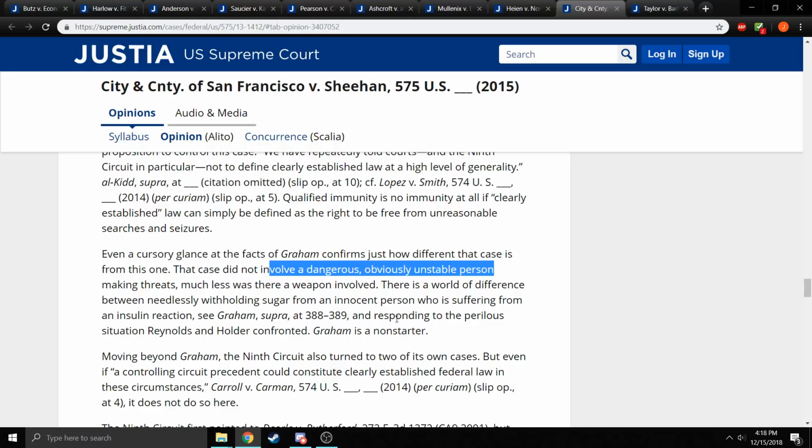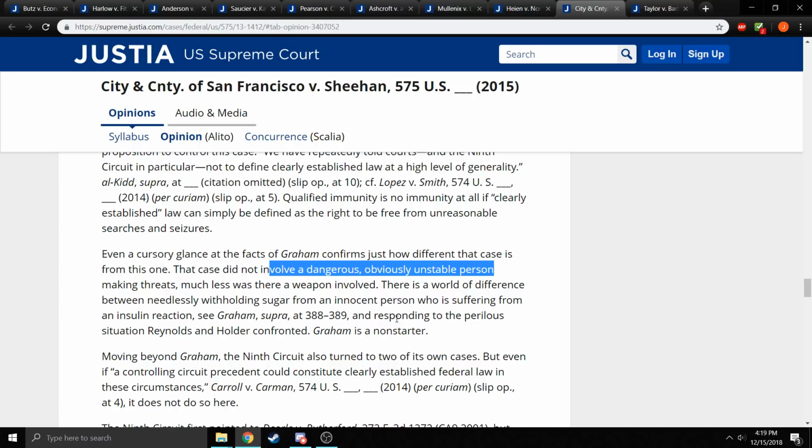And what really is making my noggin jog on this is, so far, the filming the police in public cases have been filming the police in public forums cases. So the next time something happens, if you're filming the police in a non-public forum, are those cases going to be controlling? But it gets worse.